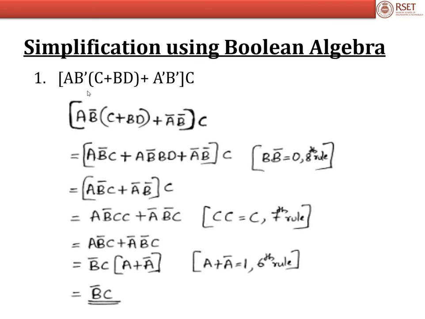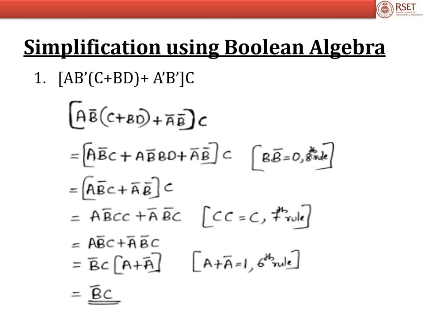So the first example is (a b bar into c plus bd plus a bar b bar) into c. We will first multiply this term. So that is a b bar c plus a b bar bd plus a bar b bar into c.